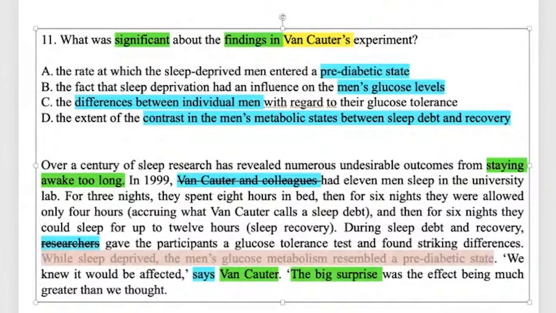Then they are confirming "we knew it would be affected," says Van Cauter. That's his opinion. Until then, it was of the colleagues and the researchers. It was affected means sleep deprivation and men's glucose metabolism versus pre-diabetic state, between metabolic states between sleep debt and recovery.